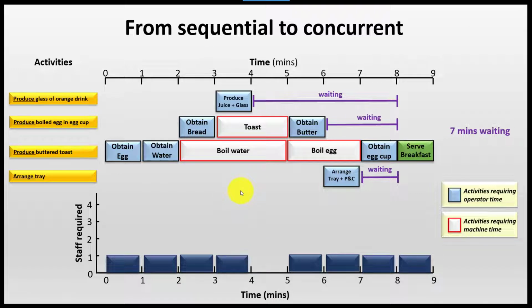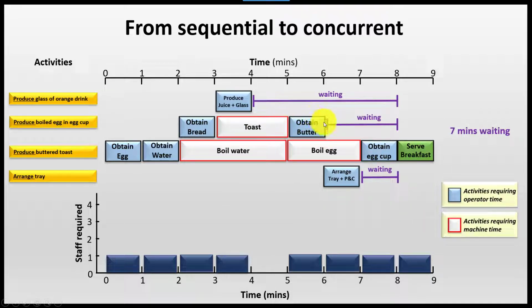However, it can be further optimized. So now we are thinking a little bit out of the box. And if you have a closer look, what do you think that we can improve? I'm going to give you the answer. Have a look at this toast.